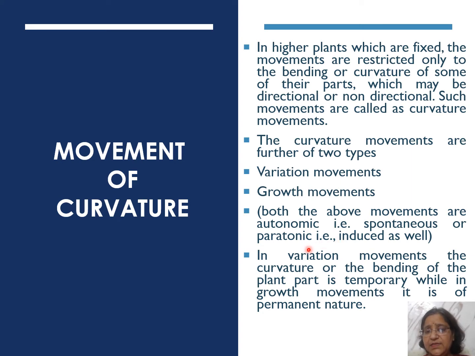Paratonic is induced by the external stimuli, and this is by the internal stimulus. In variation movements, the curvature or the bending of the plant part is temporary, while in growth movements, the curvature is permanent, because growth is the permanent type of development.